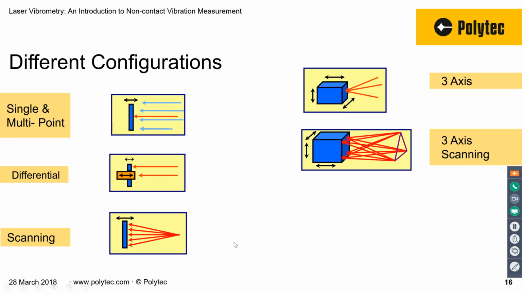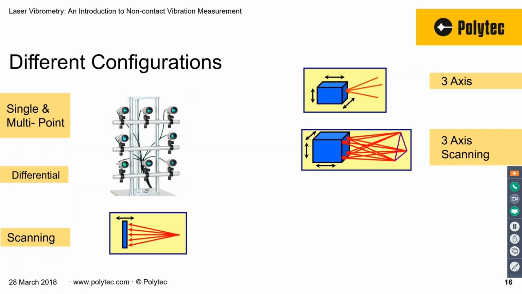We have different configurations of laser vibrometer. We've got what we call our single beam laser vibrometer, where we're measuring the vibration in the direction of the laser light. So this is an example of that, which I'll be talking about in a couple of slides. We can take that one step further. Instead of having one laser, we can have multiple lasers.